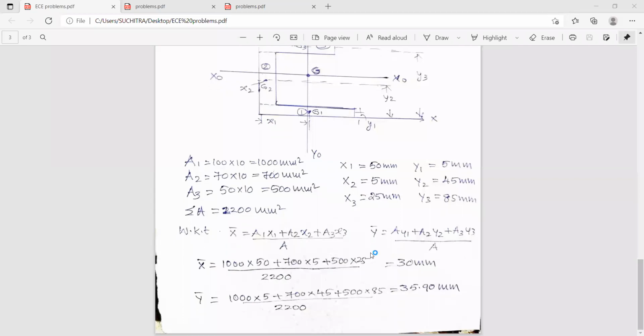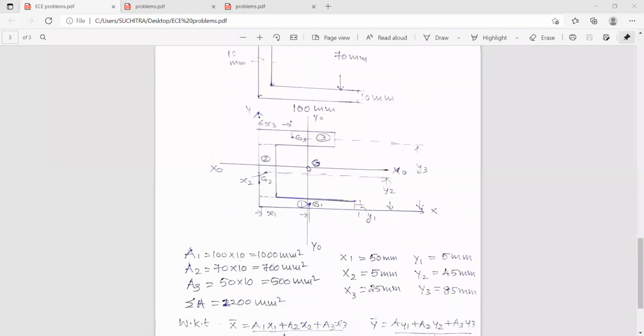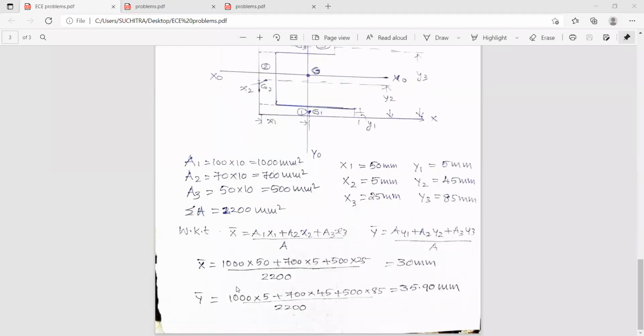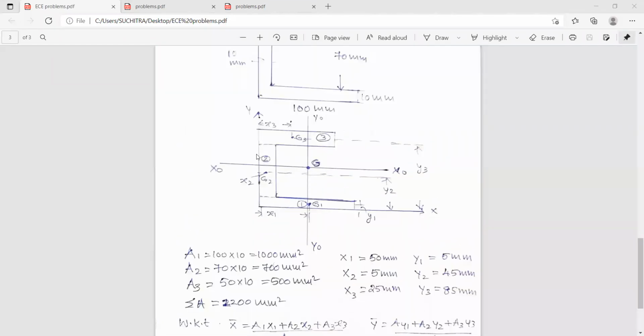So on substitution, you get the values of x bar as 30 millimeters and y bar as 35.90 millimeters. So this is the center of the whole figure, that is G, through which the x0 and y0 axis passes. So the x bar from this y0 to y axis is 30 millimeters, from this point to this point.